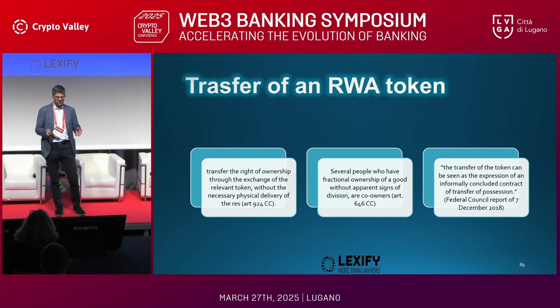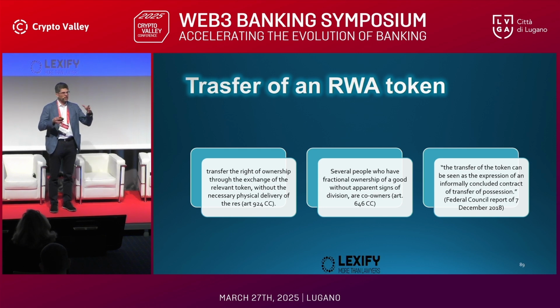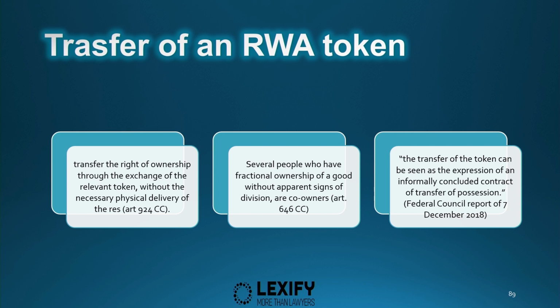And when I transfer the real-world asset token, that's very good. In Switzerland, we have laws that allow us really to transfer the ownership of the assets without the need to transfer the asset itself. So I can have, as I say, the assets stay in custody by the original owner, who wants to tokenize it because they want to create more liquidity for these assets, maybe keep a part of the assets in ownership but sell the rest.